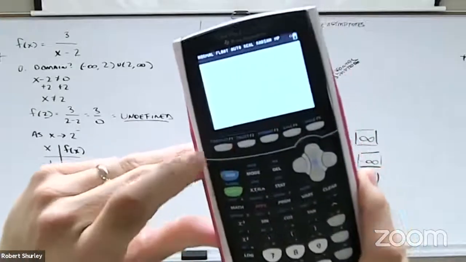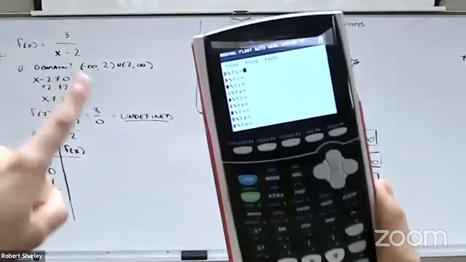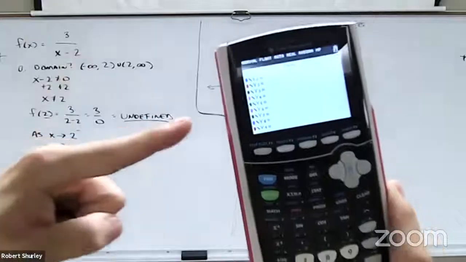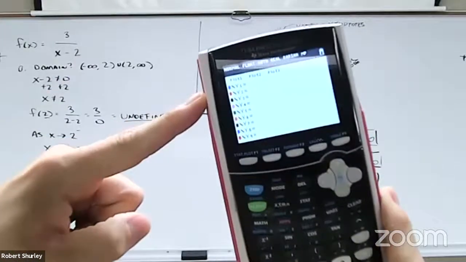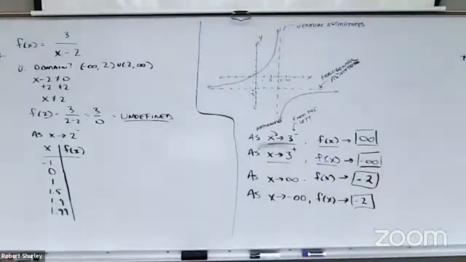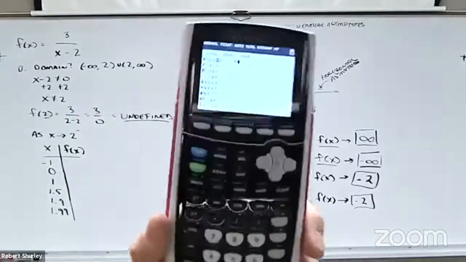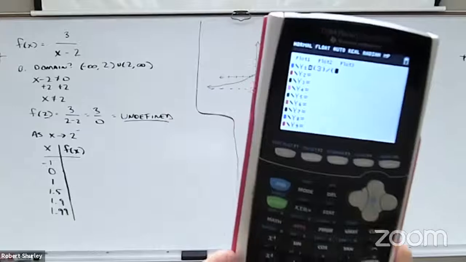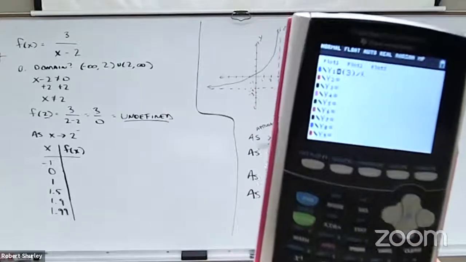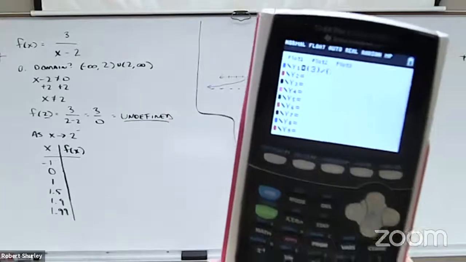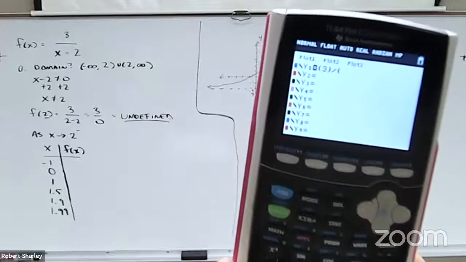That y equals button, click that, and we're going to make that equation the y equals in here. So to do that, you need to put parentheses around the top. And I know some of you are going, no, you don't have to. Well, it's a really good habit to. Notice I put parentheses 3 and then divide, and then I'm going to put my denominator.